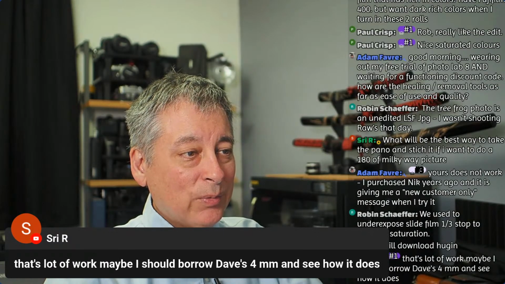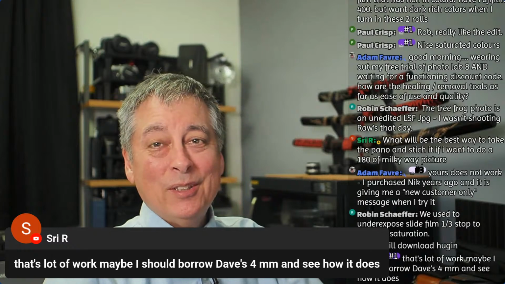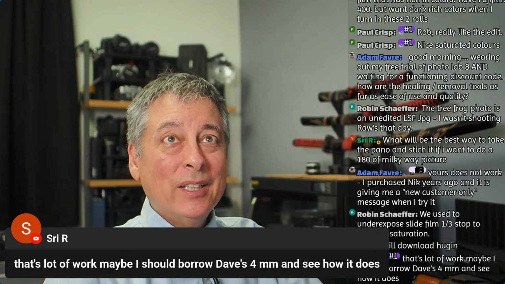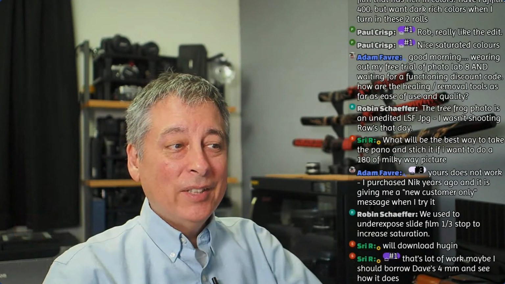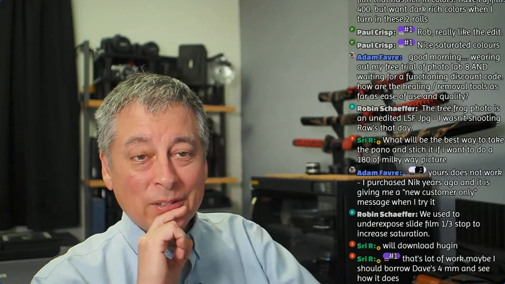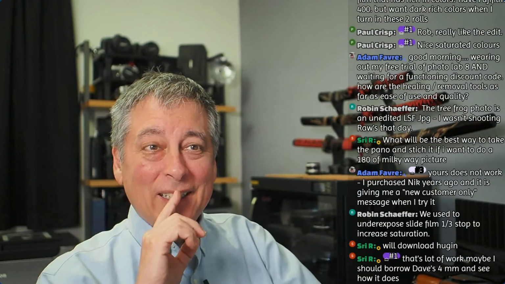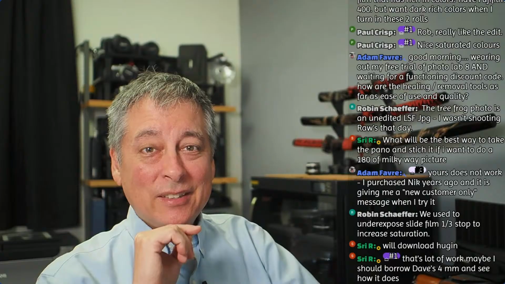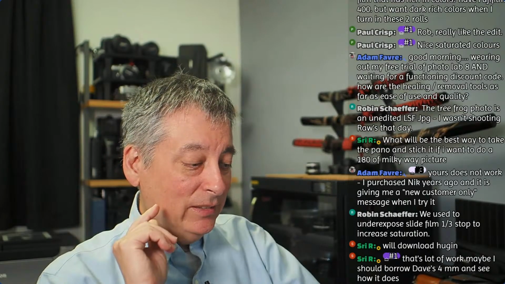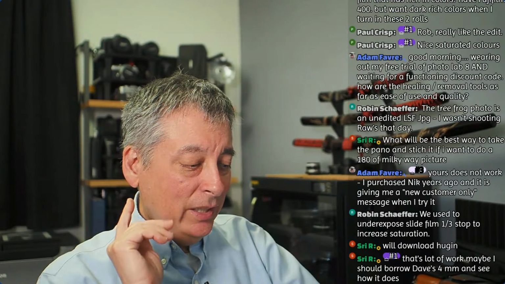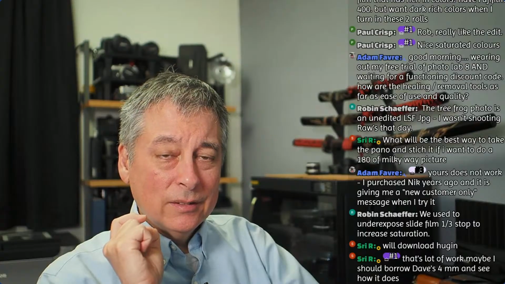And maybe you should borrow Dave's 4 millimeter and see how that goes. The 4 millimeter lens is a fisheye. You want to get the 6 or 7 millimeter. Dave has a 7.5 millimeter that I gave to him. It's got scratches in it now though. You know how Dave is. But I thought you had an 8 millimeter fisheye lens.